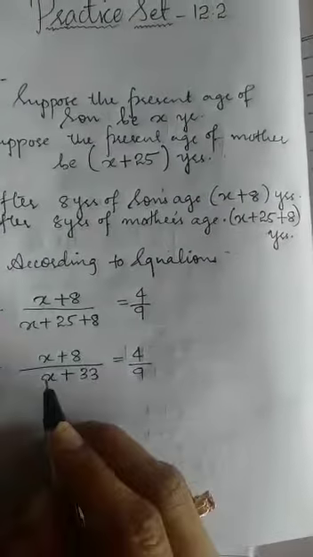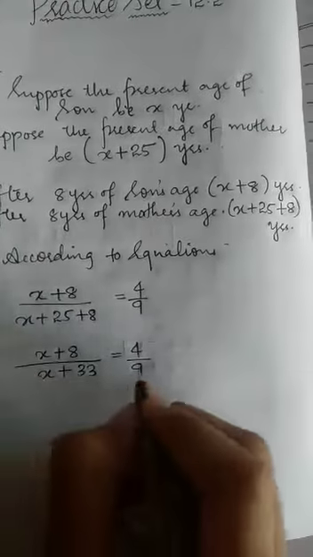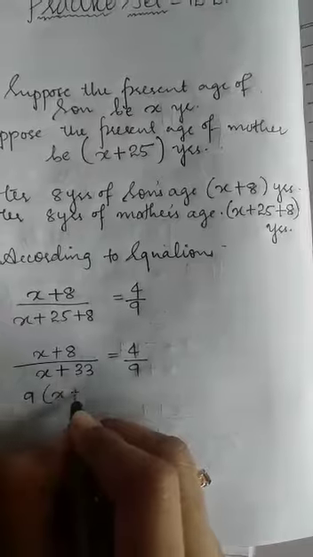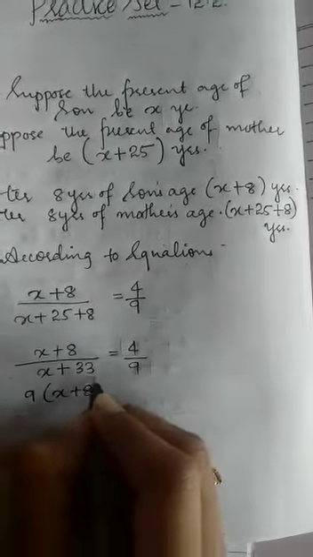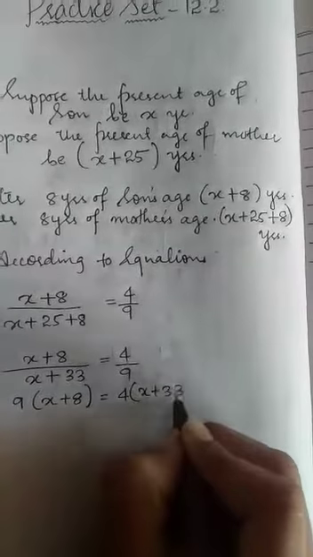This is the LHS and this is the RHS. Do the cross multiplication. Therefore, 9 multiplied by x plus 8 is equal to 4 multiplied by x plus 33.